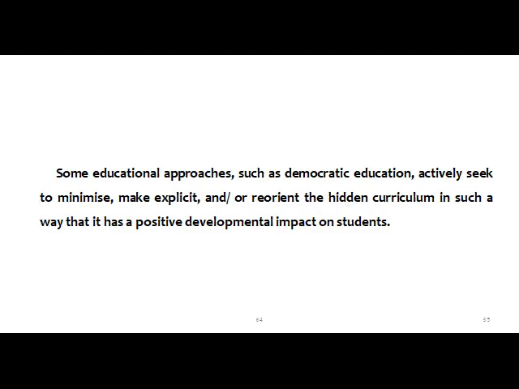Some educational approaches, such as democratic education, actively seek to minimize, make explicit, and/or reorient the hidden curriculum in such a way that it has a positive developmental impact on students.